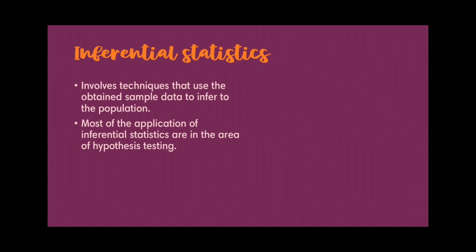As we also explained earlier, the application of inferential statistics is in the area of hypothesis testing. This is where we try to see whether or not certain variables are related to each other in order to help us explain and predict certain phenomena based on our assumed cause and effects, or assumed predictors and outcomes.